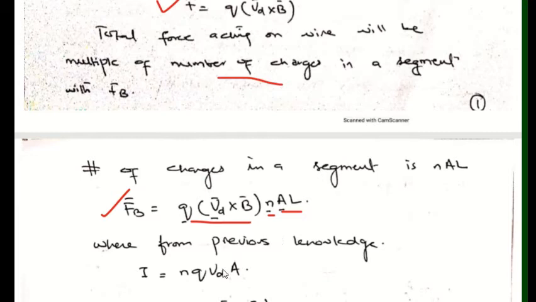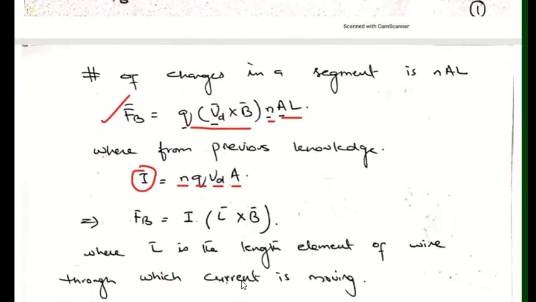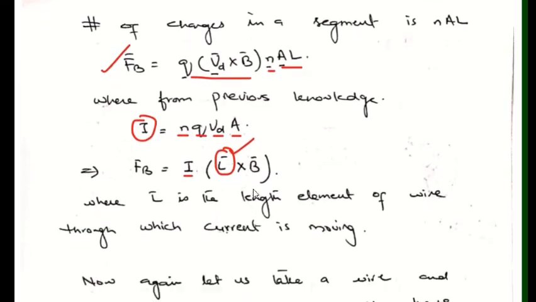From our previous knowledge, we know that current is equal to nq vd A, and I can replace this with I, and I'll get I L cross B, where L is a vector, and this length segment is a vector because it is carrying current which is moving in a certain direction.